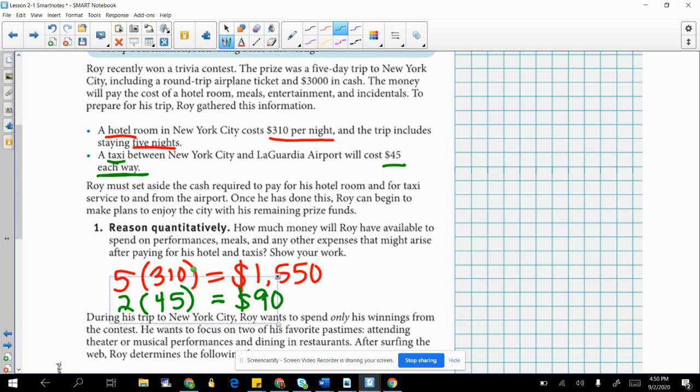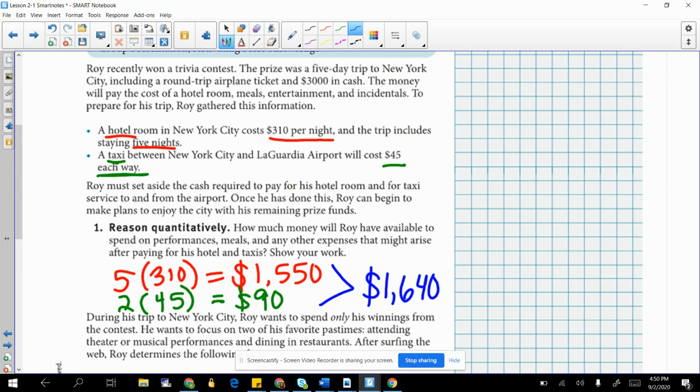Okay, so let's go ahead and add those two prices together to give us a total of $1,640 that he will spend on his hotel and transportation.